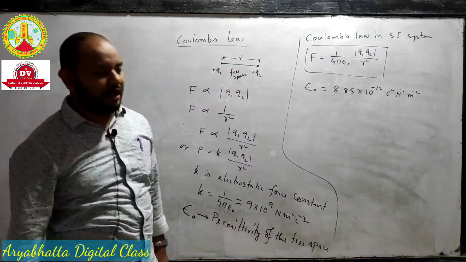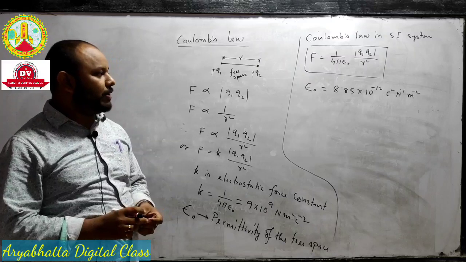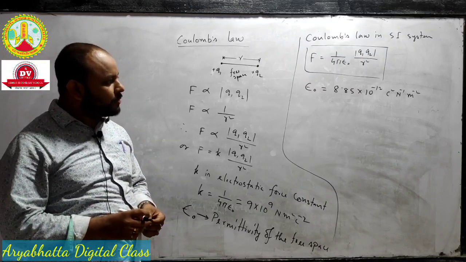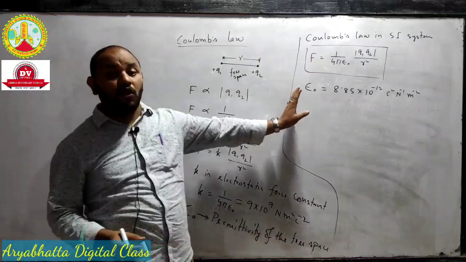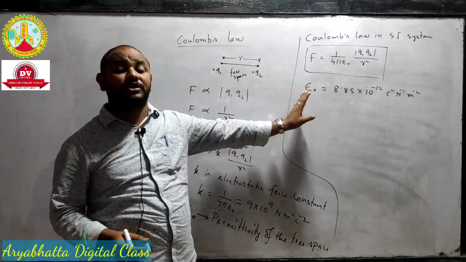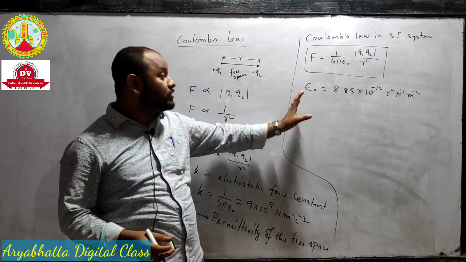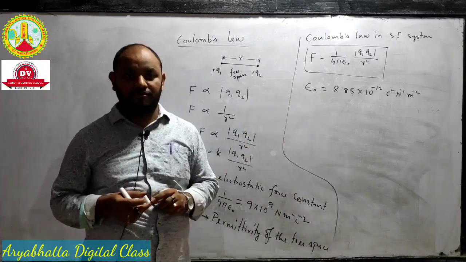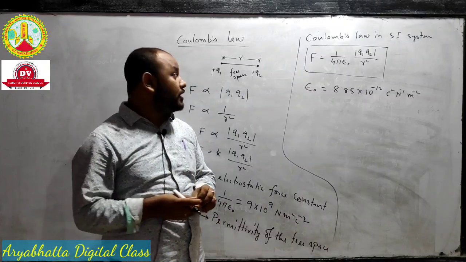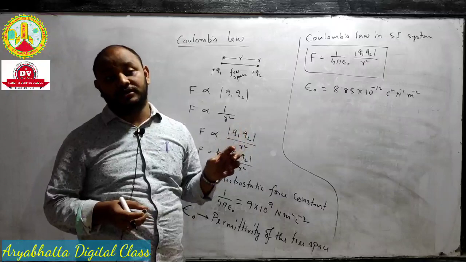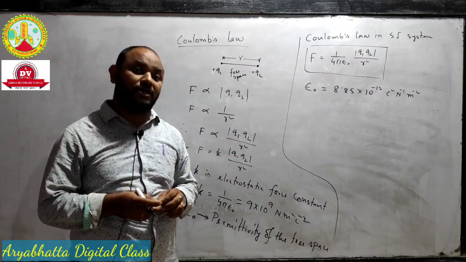So this is the value of permittivity for free space. For a different medium, the value of this permittivity will be different. That means the medium between the two surfaces plays an important role for the electrostatic force.